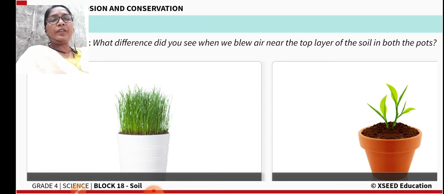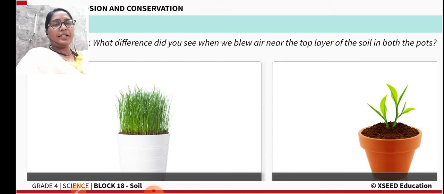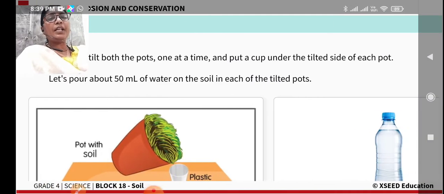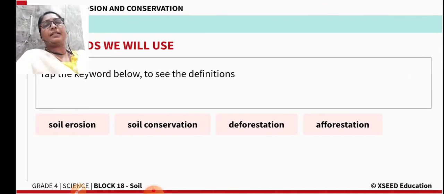Let your table fan be on number 5 and blow the air into pot A and also into pot B. What happens? You just observe and note down your observation in the notebook. So you guess what actually happens. Before your guess, we'll move on to the keywords that you can learn in this lesson.